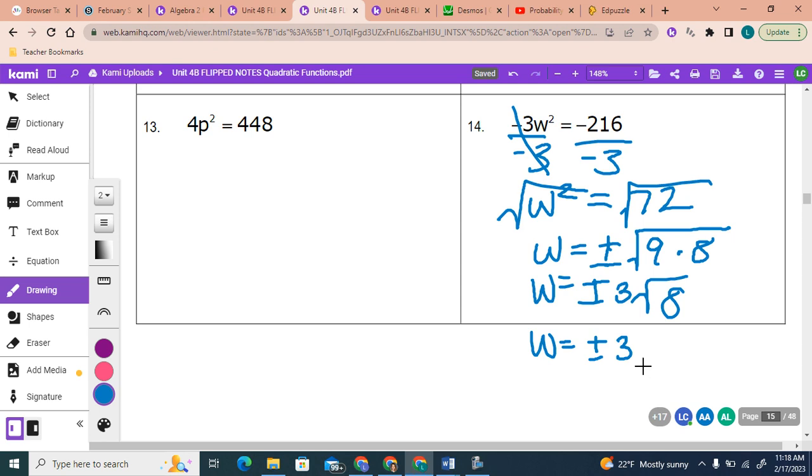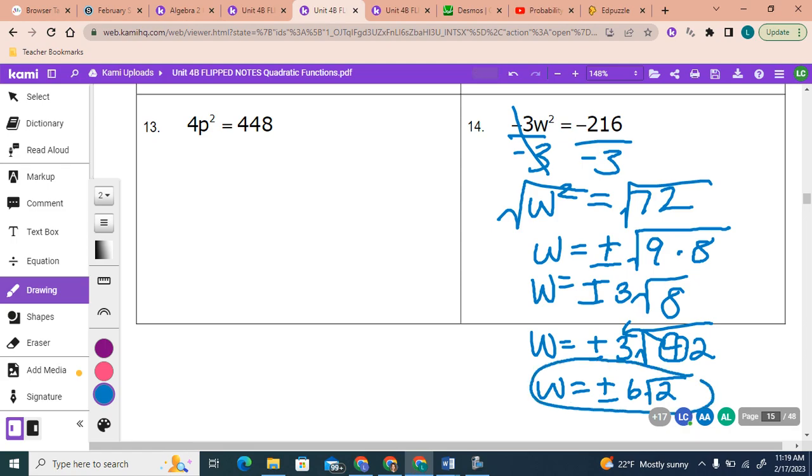What does it have in it? 4. That's my perfect square. What's the square root of 4? 2. That has got to come out and we got to multiply. What's 3 times 2? 6. Can I break down the 2? No. Please ask yourselves, can I break this down further? Okay. All right.